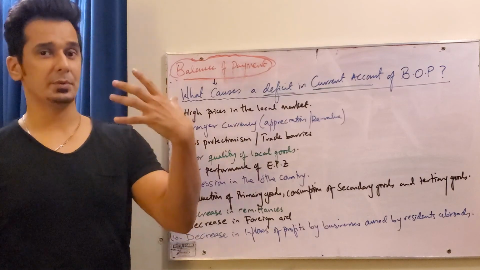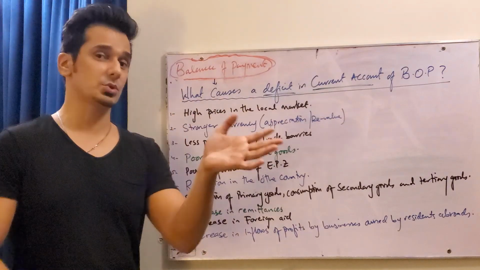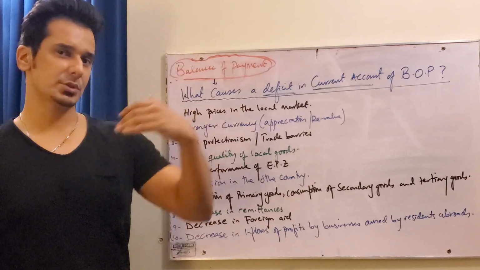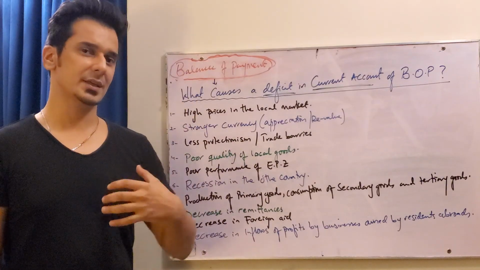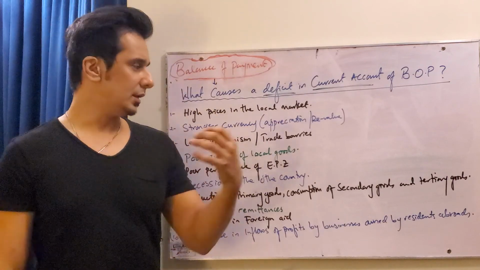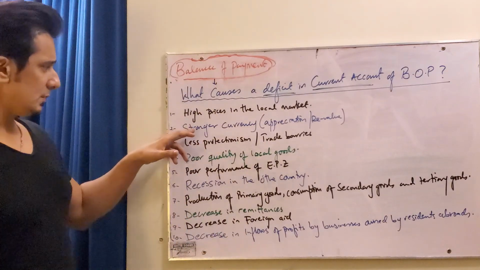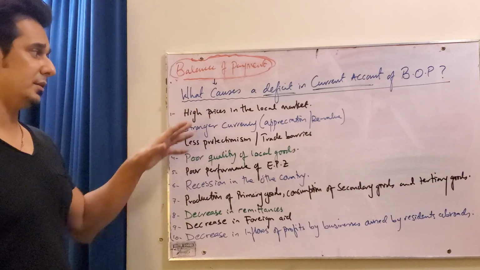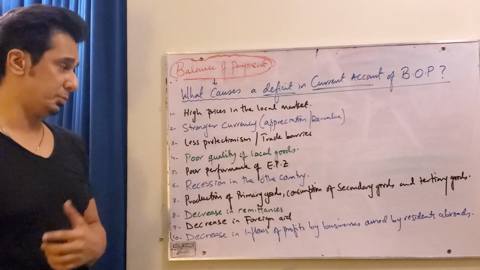People would switch towards some other country and buy from there. So the exports of this country facing an increase in the price of that one product would eventually decrease. So it can be caused by inflation, or by an increase in the price of just one product as well.